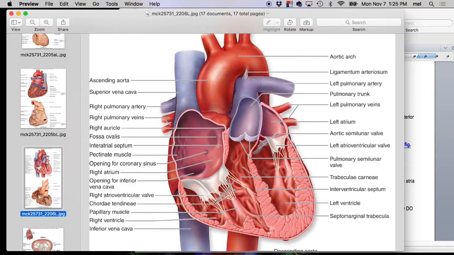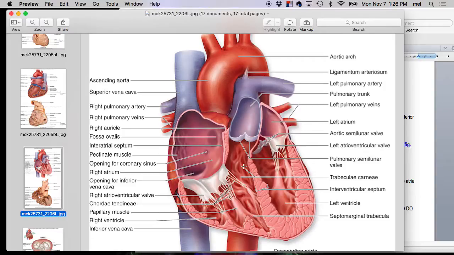You can always call these atrioventricular valves or AV valves because they are between the atria and the ventricles. So if you forgot what this thing was called, you could call it the right atrioventricular valve because it is that. But clinically, a more common name for it is the tricuspid valve. Cusps are flaps and it's got three big ones. It also might have some small ones, but it's got three big ones. Tricuspid, or three flaps, and this one has two.